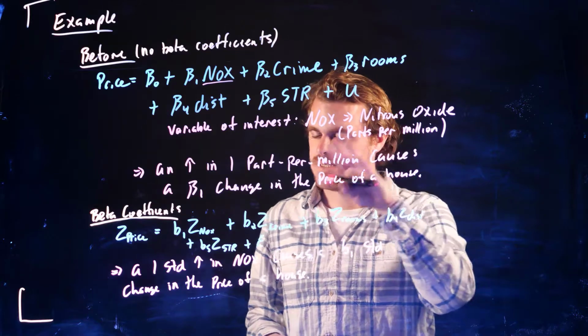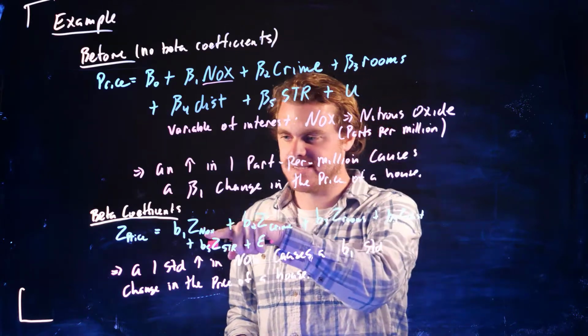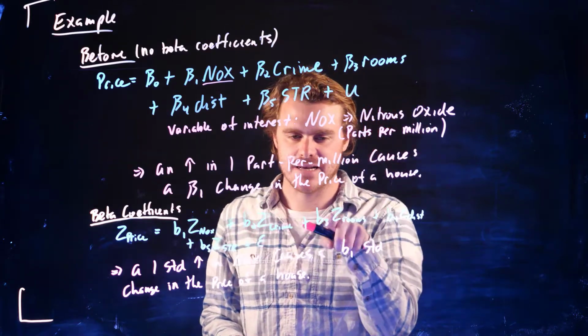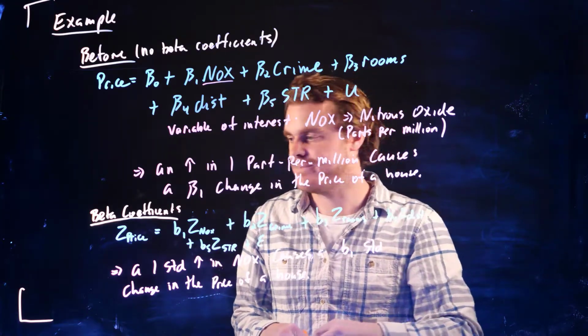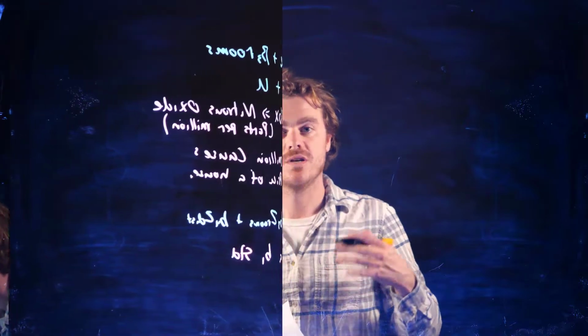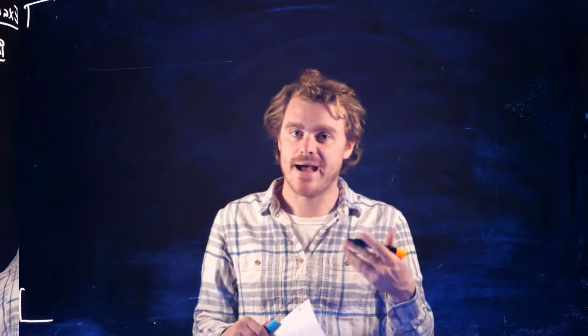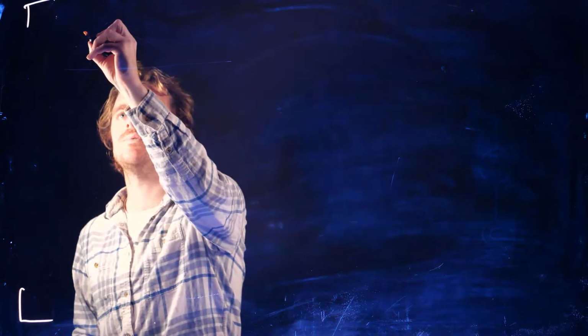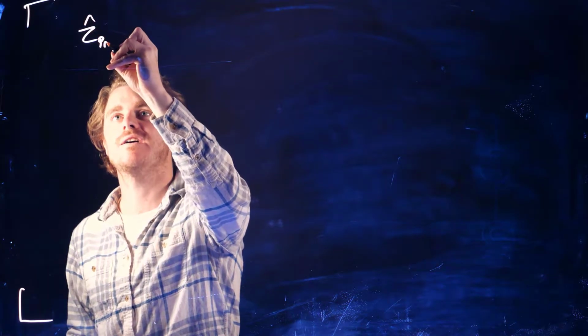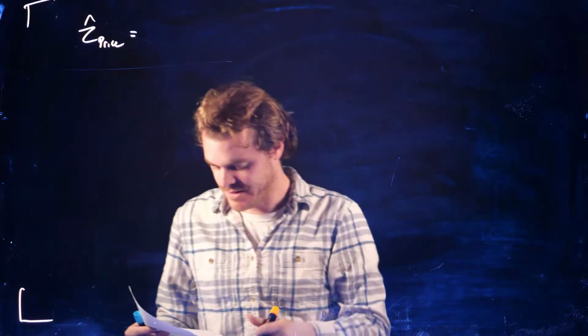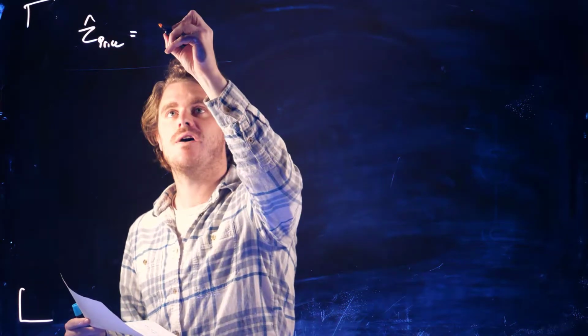So I'm going to erase this quickly and we'll do actual, let's say we actually ran this regression in data and got these different coefficients and what they mean particularly. So let's say we actually estimated that last example using beta coefficients, and we get the following results. So let's put a z hat price here to say that we ran the regression. And we get the following results.